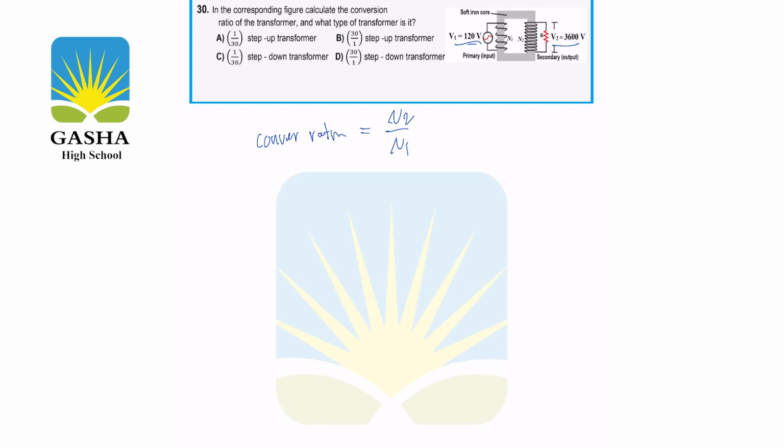Because we don't have the number of turns in the question, we can find V2 over V1, because we already know that N2 over N1 is equal to V2 over V1. So V2 is 3,600 and V1 is 120. And the result will be equal to 3 over 1. That's the conversion ratio, 3 over 1.